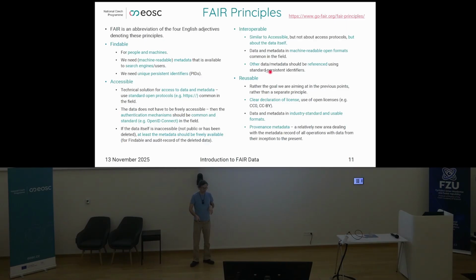And the last principle, reuse. That's maybe not a principle, but the reason why we are doing it. Make the data in a shape to be reused by someone else, or for verification of your results. To be reusable, one important thing is a clear declaration of license. It's very important.